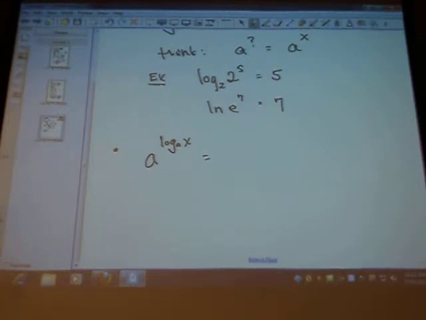Remember, a to a power and log base a are inverses, so that's going to cancel out and leave you with just the x. So if you've got 3 raised to the log base 3 of, I don't know, 8, that would equal 8.